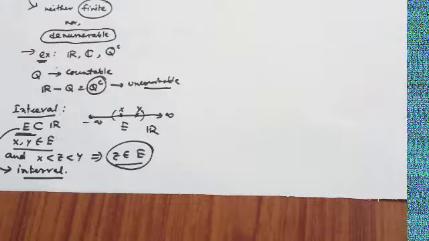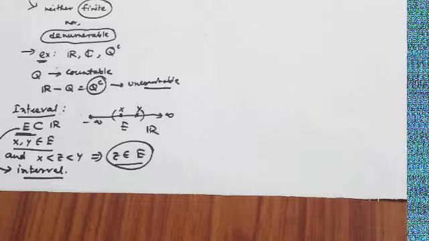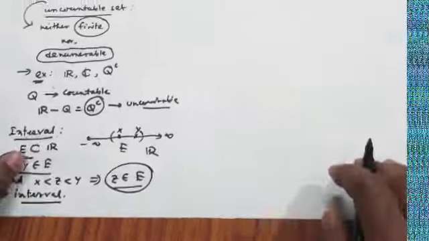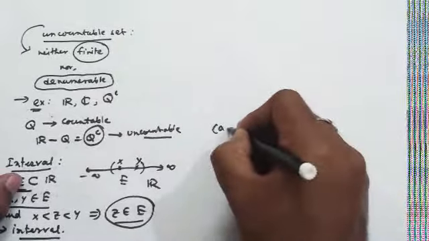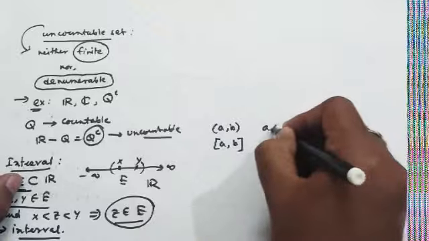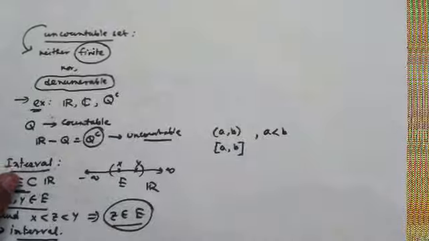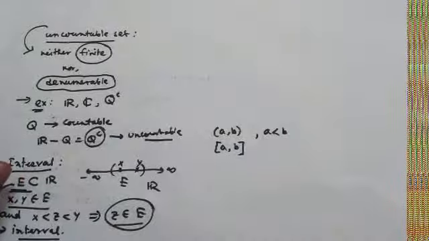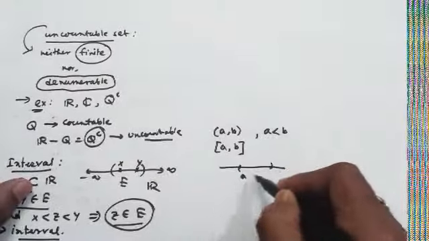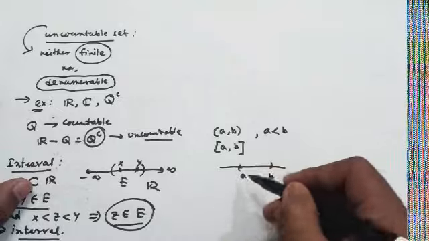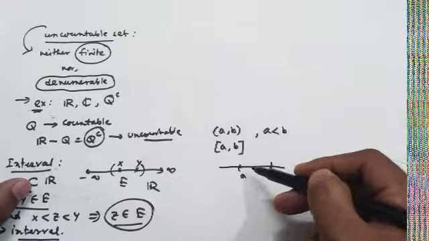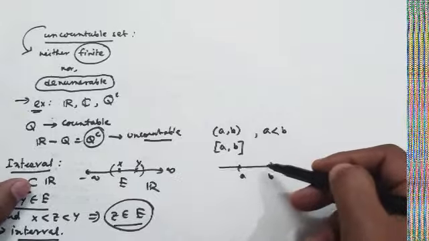Fine. This is the more sophisticated definition of an interval. We have actually 11 types of interval in our hand. Like usually we use open interval (a, b) or closed interval [a, b], obviously a less than b. This type of thing we randomly use. Open interval (a, b) means a, b endpoints are not included. Closed interval means endpoints are included along with the points in between.